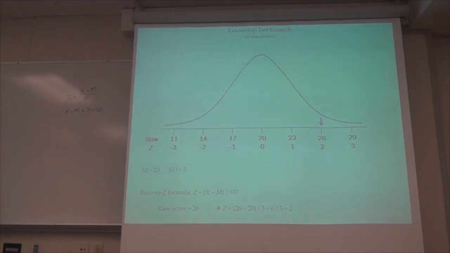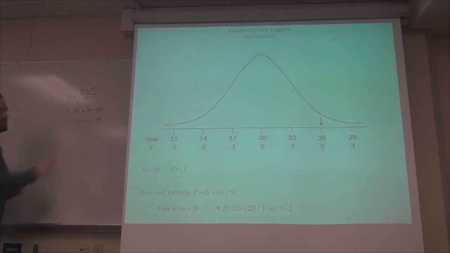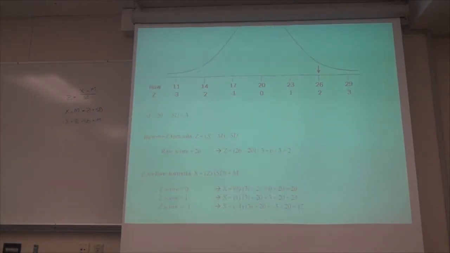Just multiplying both sides. And then add the mean on both sides to get that formula over there.